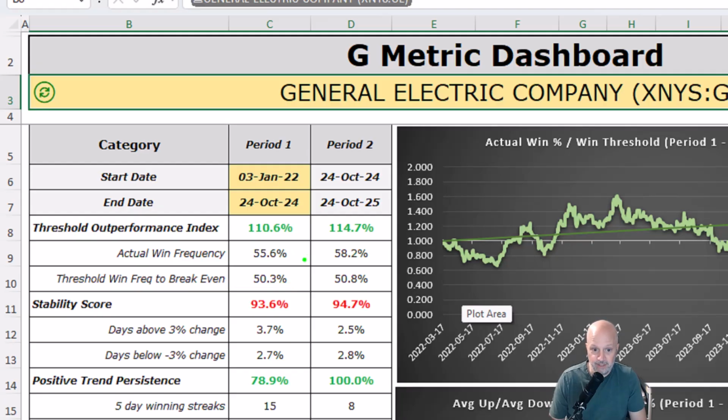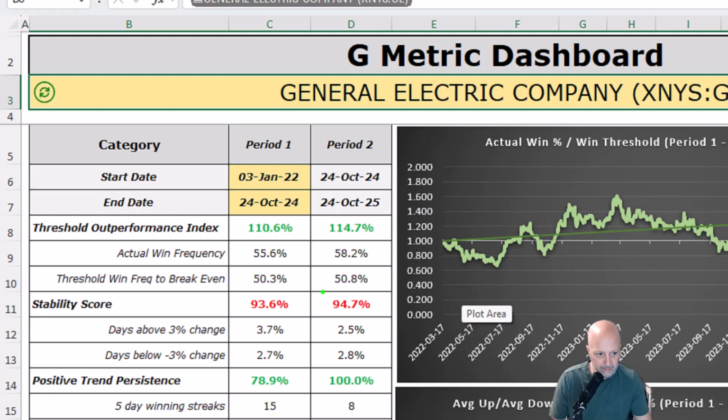Now you go through the same period and see how much it actually won. The stock actually won 55.6% of the time. You can see that right here. When you divide this number by this number, you get my threshold outperformance index of 110.6%. Then you can do the same thing for period 2.